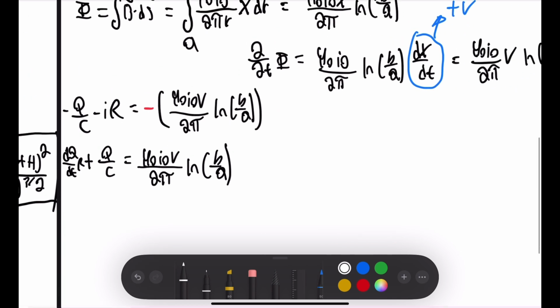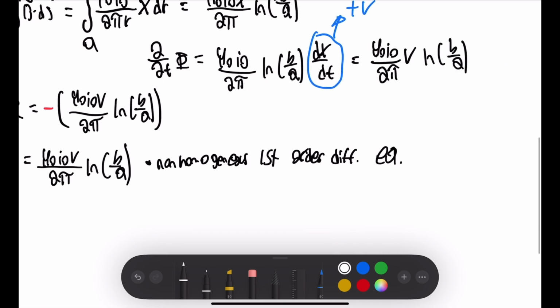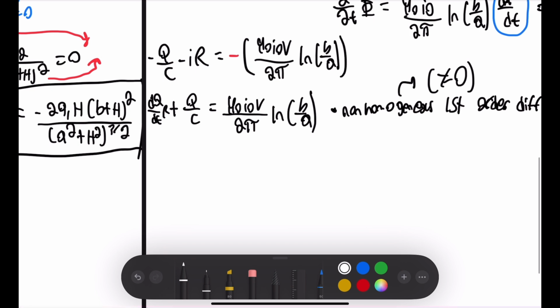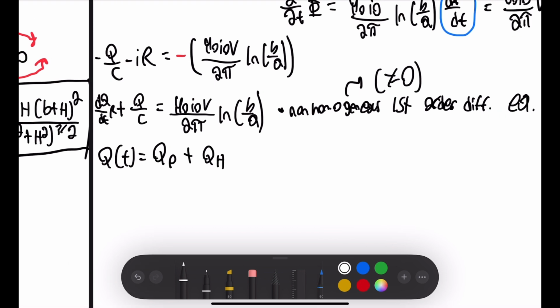And now we want to solve for it, so we need to recognize that this is a non-homogeneous first order diffy q. It's non-homogeneous because the right side does not equal 0. So in this case, q of t is going to be q particular plus q homogeneous. If the right side was equal to 0, we would only have q homogeneous.